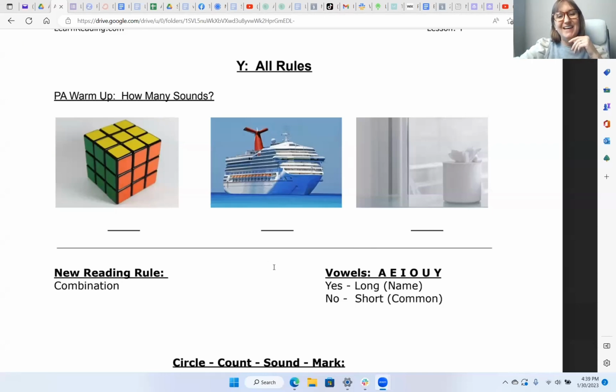Somebody thought it was the whole Rubik's Cube that they were counting sounds for. So how many sounds in cruise? Letters don't count, only the sounds. Yes, four sounds in cruise. K, r, oo, z.